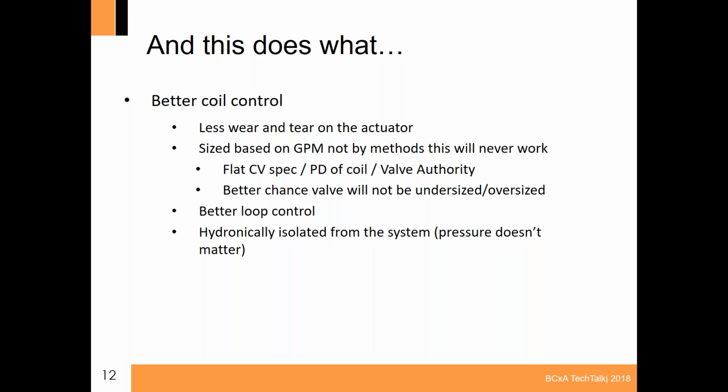You get better loop control. So we talked about the issues related to the 2 different items going on at the coil control that we're doing. Well, it also ties back and plays havoc with the main control loop with our pressure control in the system. So if we've got a valve that's fighting the pressure going up and the GPM changing, well, now that loop might get out of control until it finds itself.